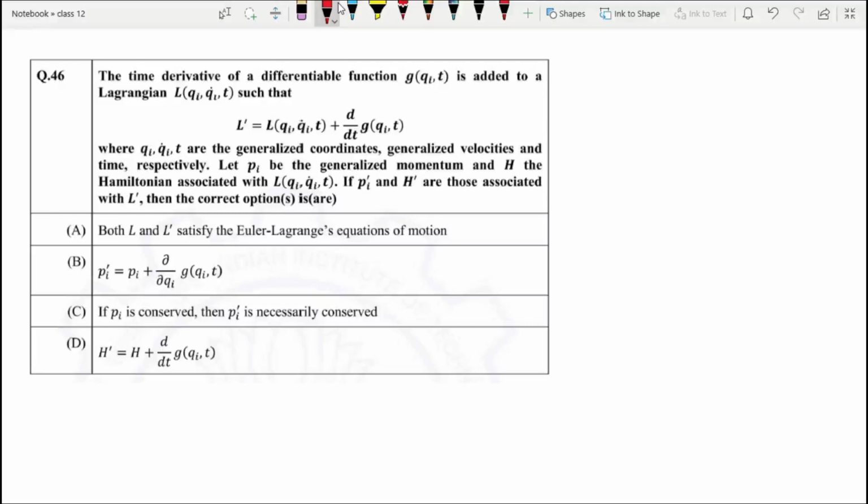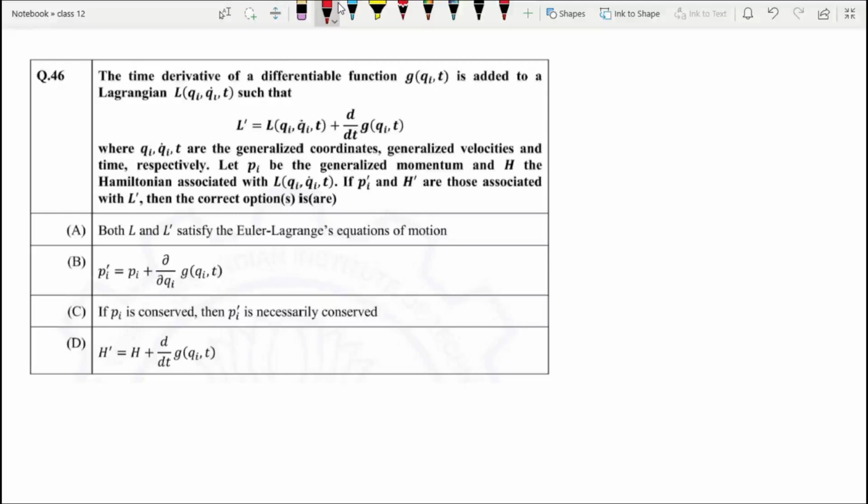Let pi be the generalized momentum and h the Hamiltonian associated with L. If pi prime and h prime are associated with L prime, then the correct statements are: Both L and L prime satisfy the Euler-Lagrange equation of motion. Pi prime is equal to pi plus del g by del qi. If pi is conserved, then pi prime is necessarily conserved. H prime is equal to h plus d by dt of g.